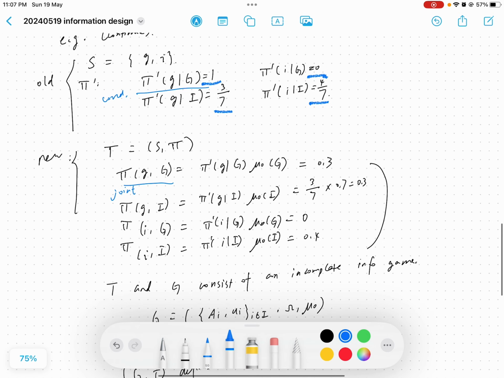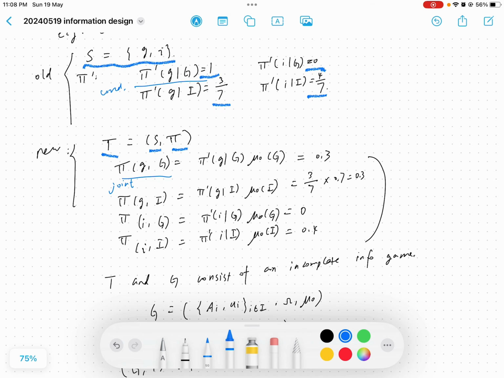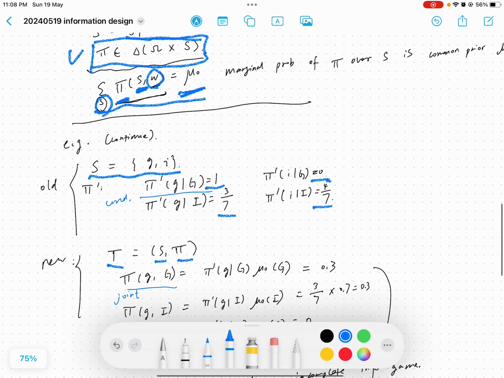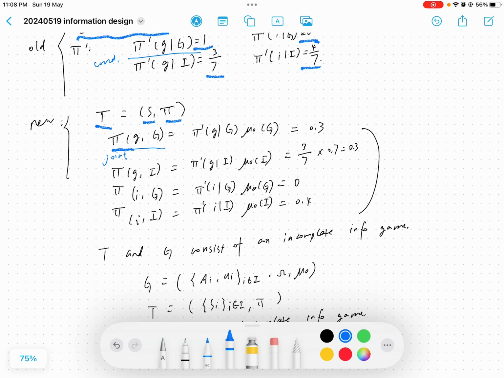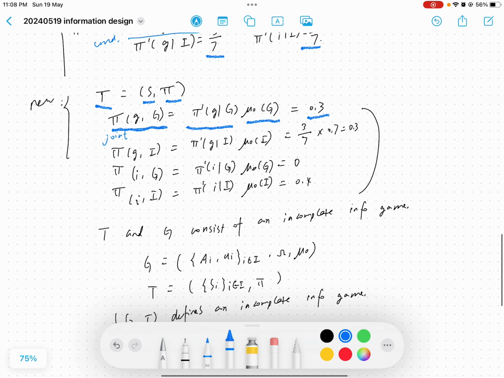But here, in the new way of defining this information structure, we have this T, which has two things, S and pi. S is the same as before, but this pi is now the joint distribution that we defined here. For example, pi of little g and big G is simply calculated from the conditional probability times the prior, which gives this result here.